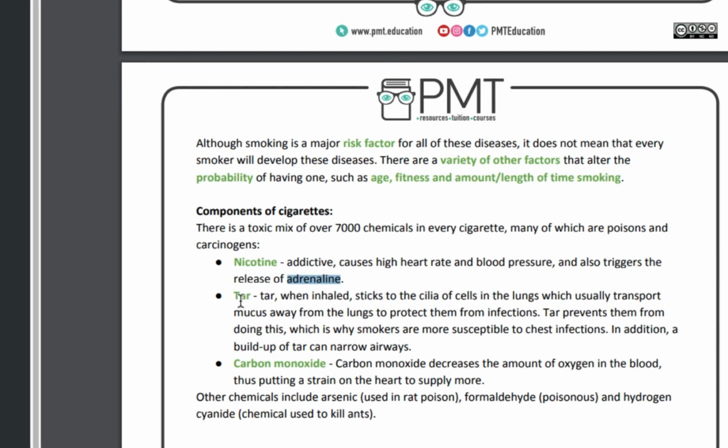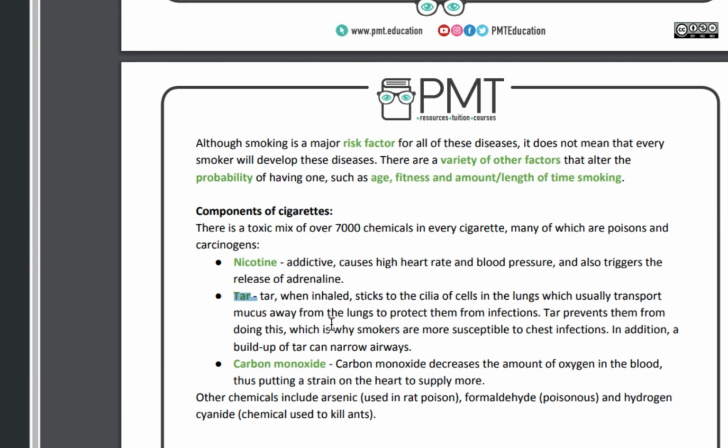Okay? Then the second one is called tar. Tar, which is inhaled anytime you smoke, sticks to the ciliary cells of the lungs, which usually transport mucus away from the lungs to protect it from infection. Now, the tar will stick there and prevent it from transporting mucus away from the lungs.